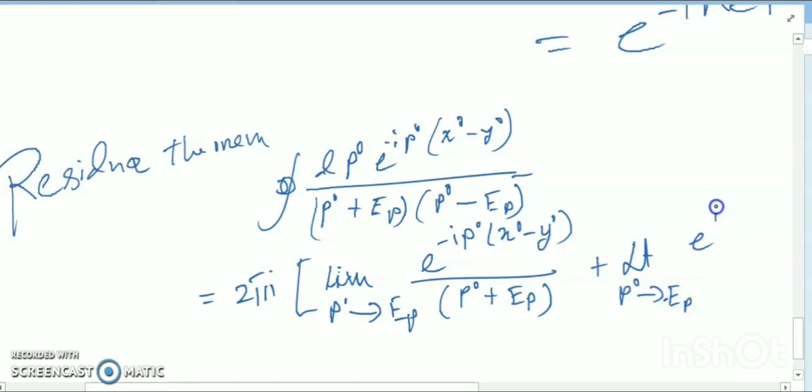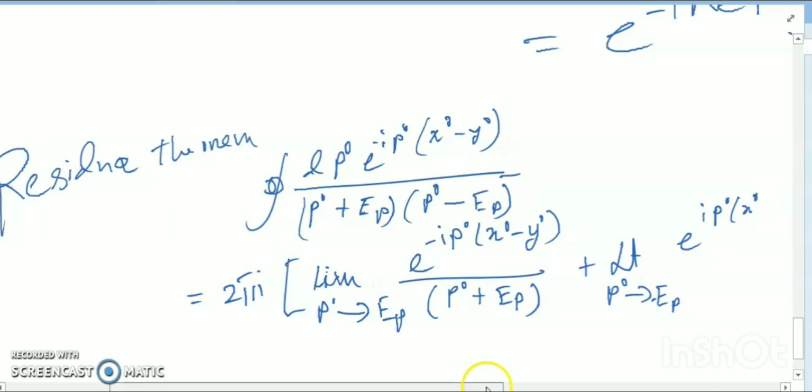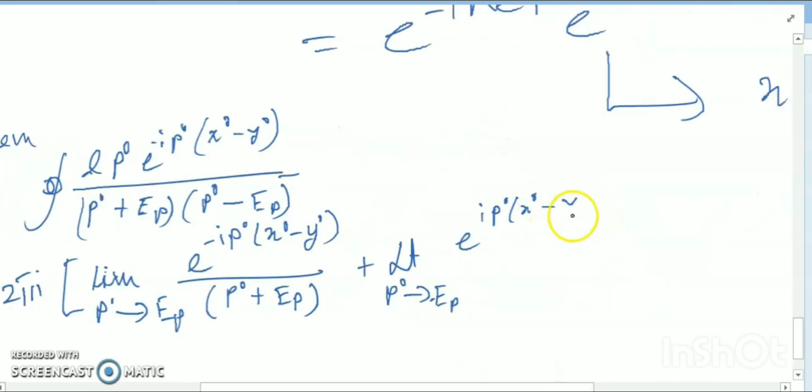So we get e to the power i p0 (x0 − y0) divided by (p0 − εp).